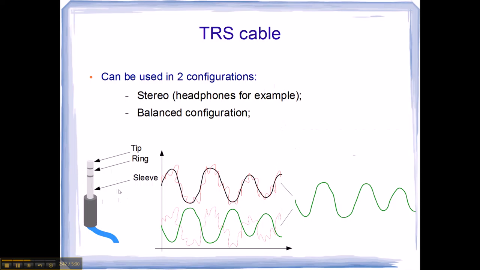But it can also be used in balanced configuration, when the original signal gets inverted in the other conductor and then inverted back. So when the inversion back happens, all the noise gets cancelled out because it's in opposite phase. You can see it here on the diagram.